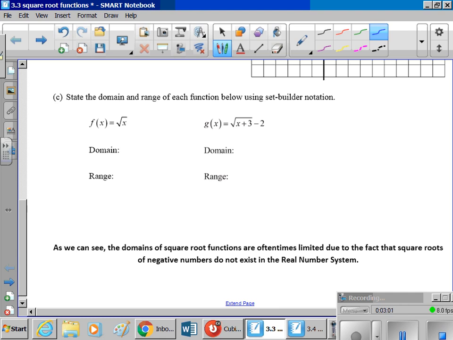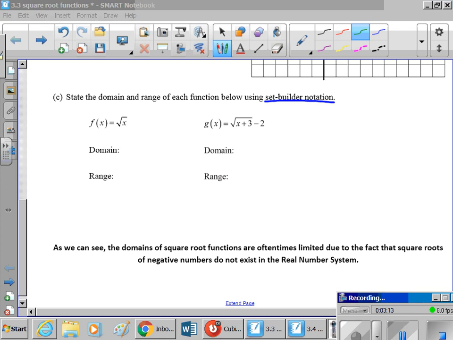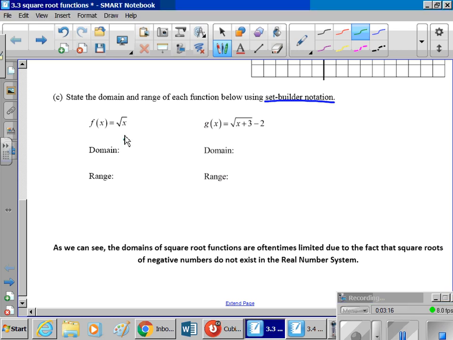So the domain of the square root of x, or rad x, is going to be, and it says to use set builder notation, let's change the color, we'll go back to green, x such that x is greater than or equal to 0, and the range is going to be the same.